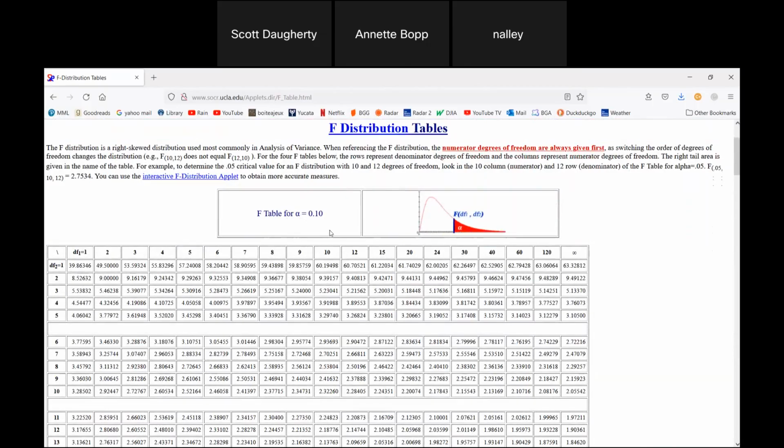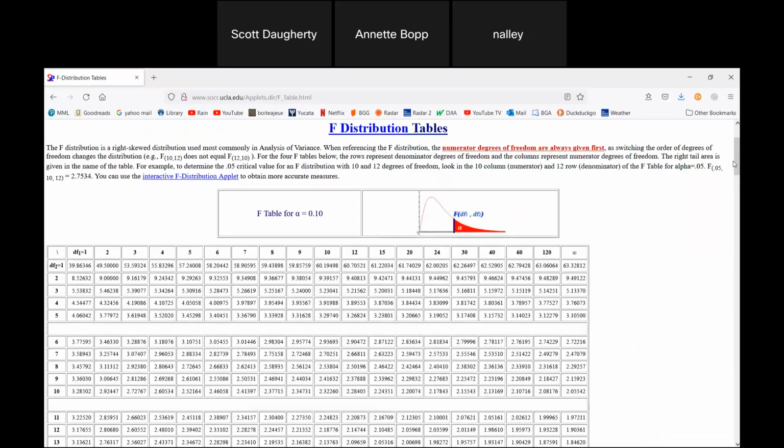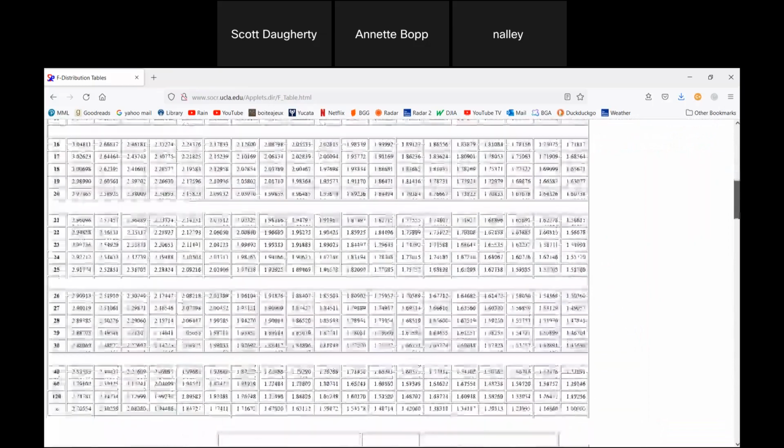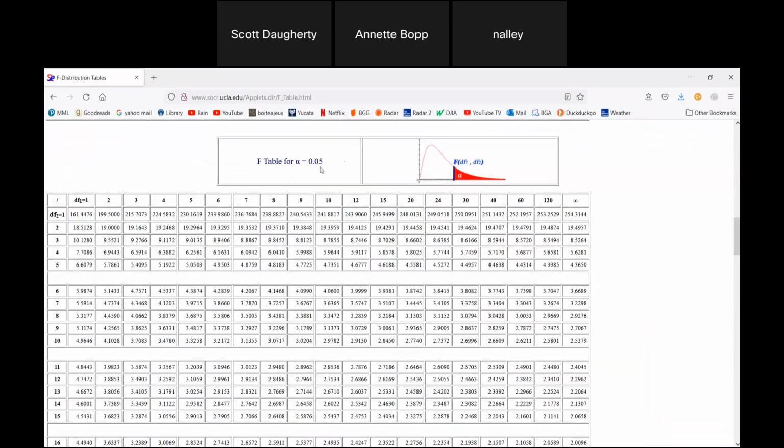So this first table is if alpha is 0.1. That's not what we have. We have 0.05 in the right tail. So we'd skip this first table. It's not what we want. But then if you go to the second table, that's exactly what we're looking for, right? The area in the red and the right tail is 0.05.